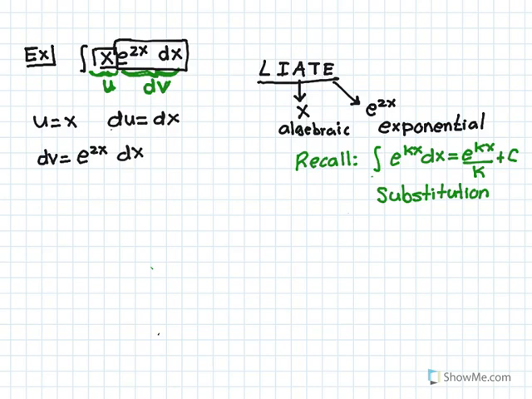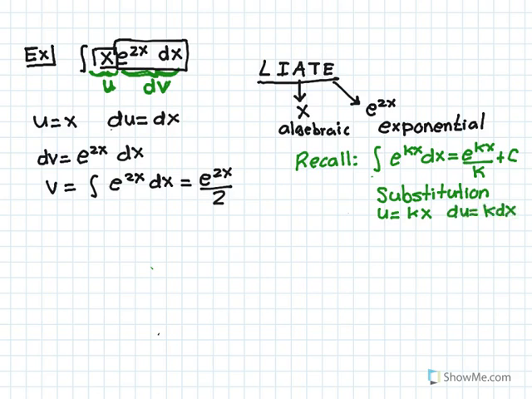How do we obtain v? v is going to be the integral e to the 2x dx. And what is the antiderivative of e to the 2x? Well, that's going to be e to the 2x divided by 2. And notice that we're applying the substitution rule, namely letting u be equal to kx, and du is equal to k dx. But because it's an easy substitution, we just do it mentally.